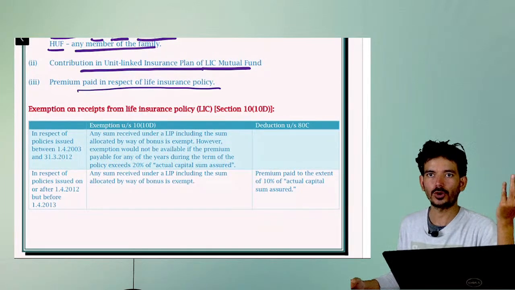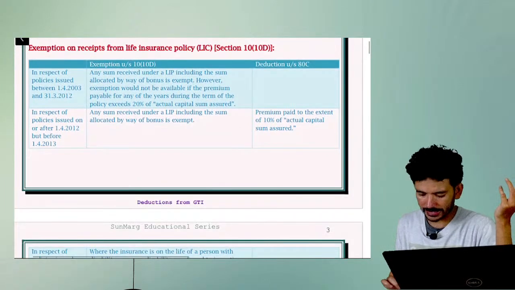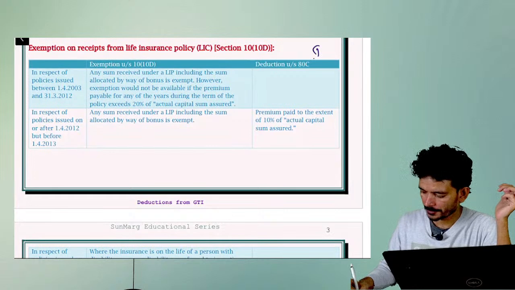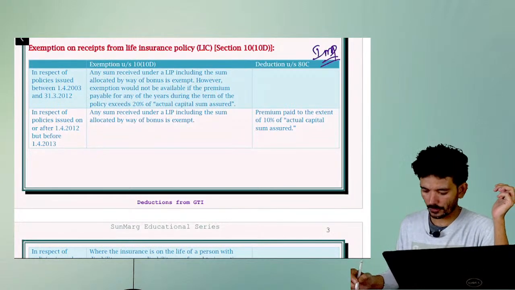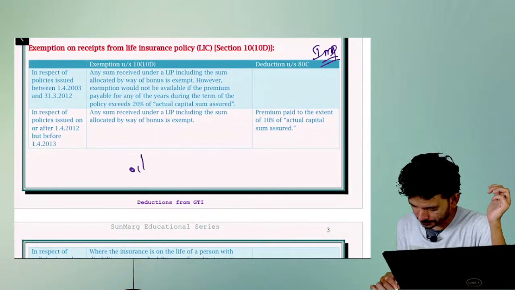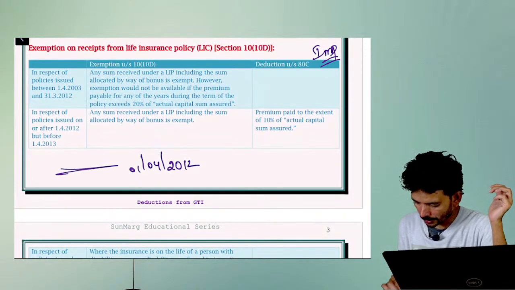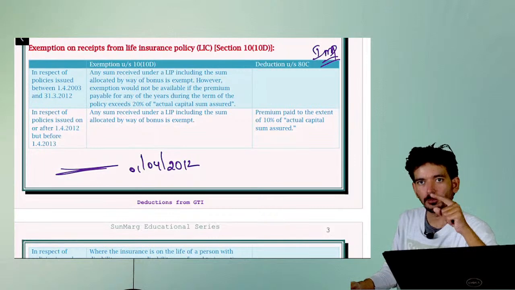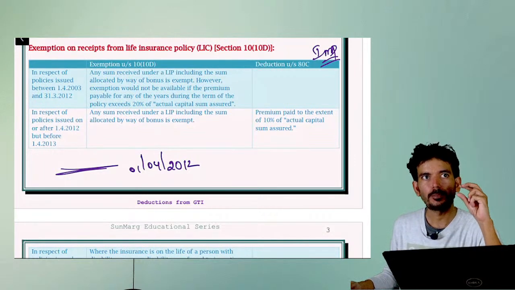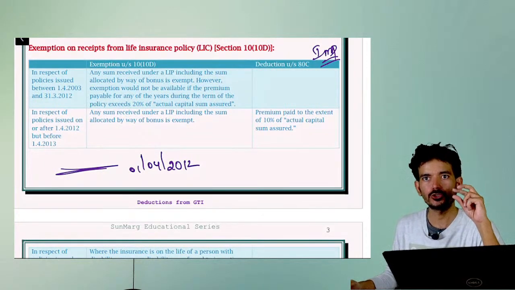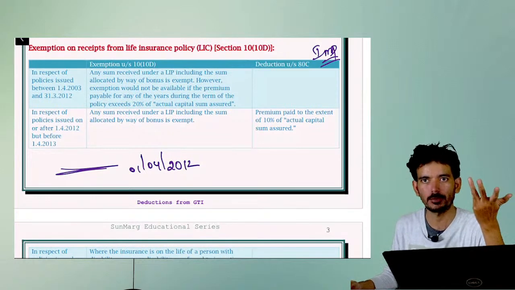So this is generally what we discuss, and there are 3 dates you have to mug up. You have to be really good with these dates. 1st April 2012. If you have taken the insurance policy before this date, your premium of insurance should not exceed 20% of the sum assured.